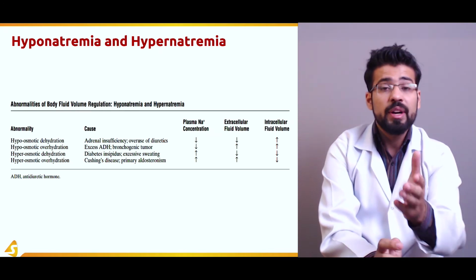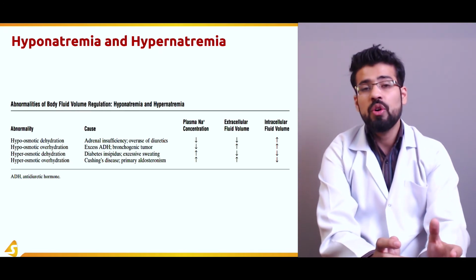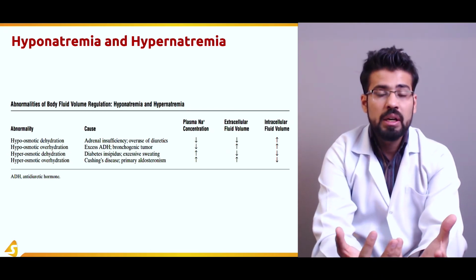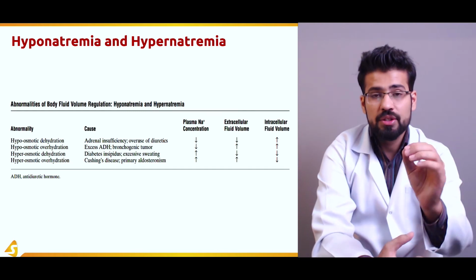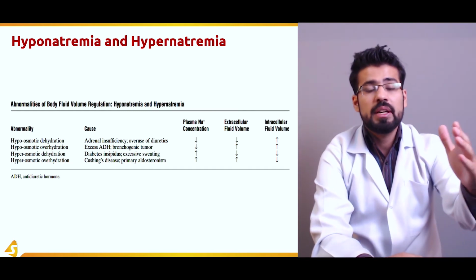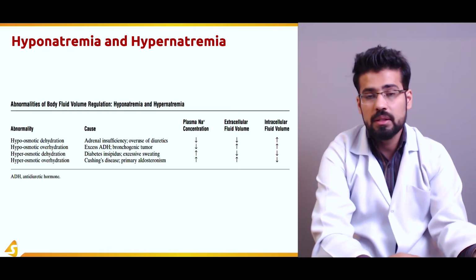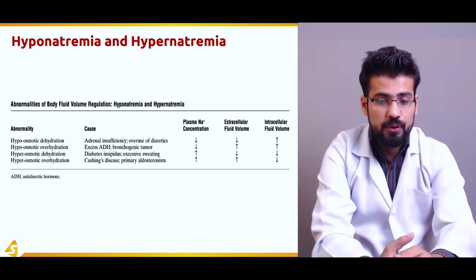So the fluid loss is much more. The remaining fluid will of course contain a high amount of sodium. This means that the extracellular fluid volume will decrease because there is abundant excretion of water, either through urine in diabetes insipidus, or through excessive sweating.